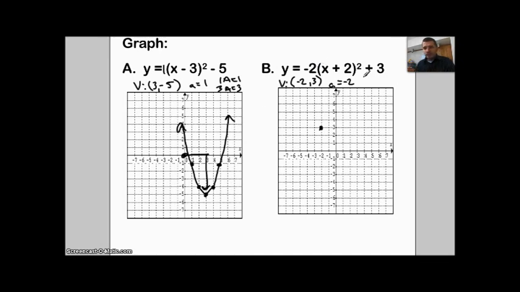So 1a is 1 times negative 2, which is negative 2, and 3a is going to be negative 6. You always go over 1, so I'm going to go over 1 and down 2 on both sides, and then over 1 and down 6. So right here and right here. And here is our parabola.